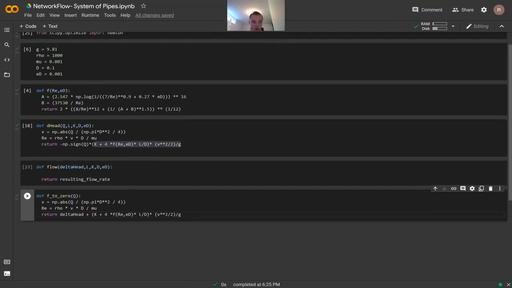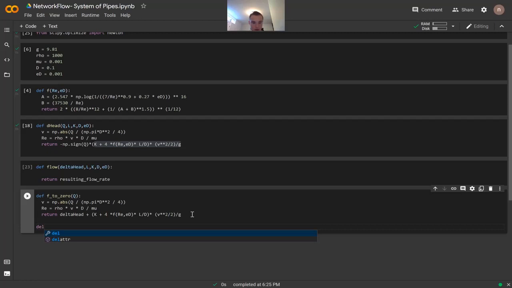All right, so we're just going to go ahead and test this function to make sure it works. We'll define a delta head value, and we'll just call this like 40 or something. We'll say RL is equal to 10 or something.